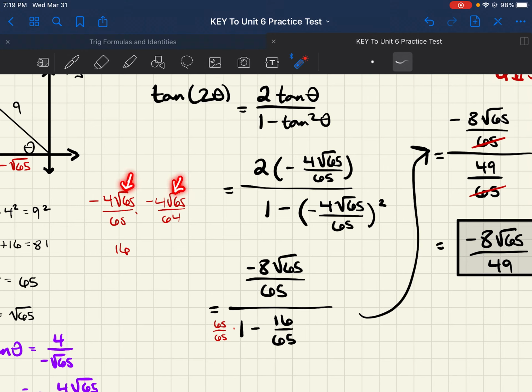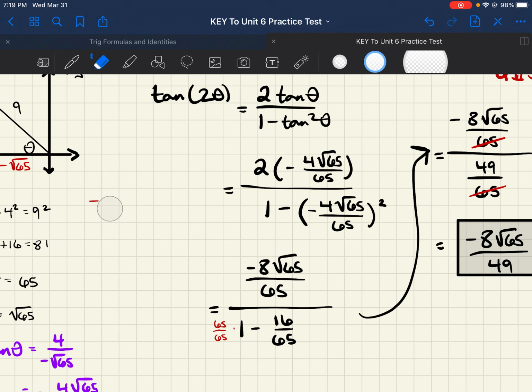Root 65 times root 65, well, it's the same thing under the square root, multiplied to itself. That's just going to be 65. The square root falls off. And then in the denominator, 65 times 65. Well, if I write it like this, notice that 65's cancel. All we'll have left is 16 over 65, which is what I've carried down to right there.